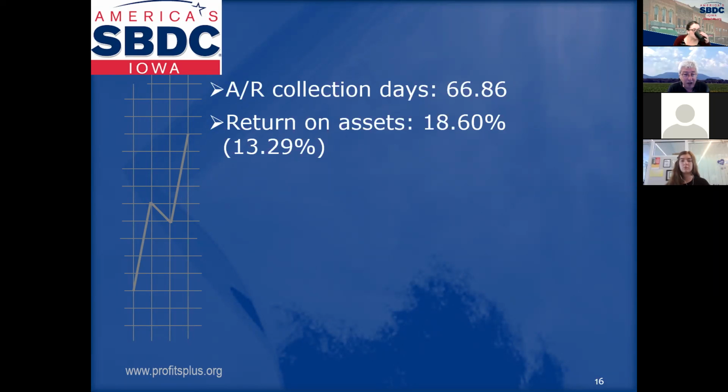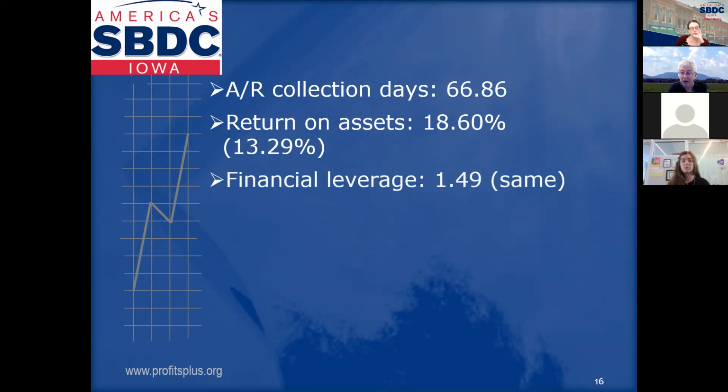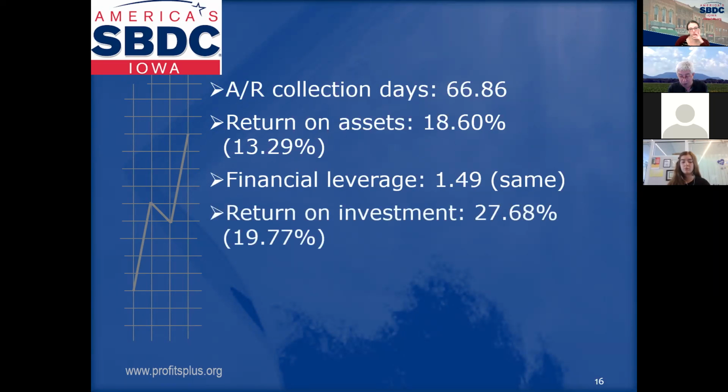And an accountant's going to look at it and say to the owner, what are you doing here? You're going somewhere. Financial leverage did not change a bit. Hey, remember a while ago, I asked you if you were happy with 19.77 return on investment? And some of you, I'm sure, said yes, because when I say this to a live class, everybody's, oh, yeah, that's great. When I look at the stock market, this is really great. Look what we just did.